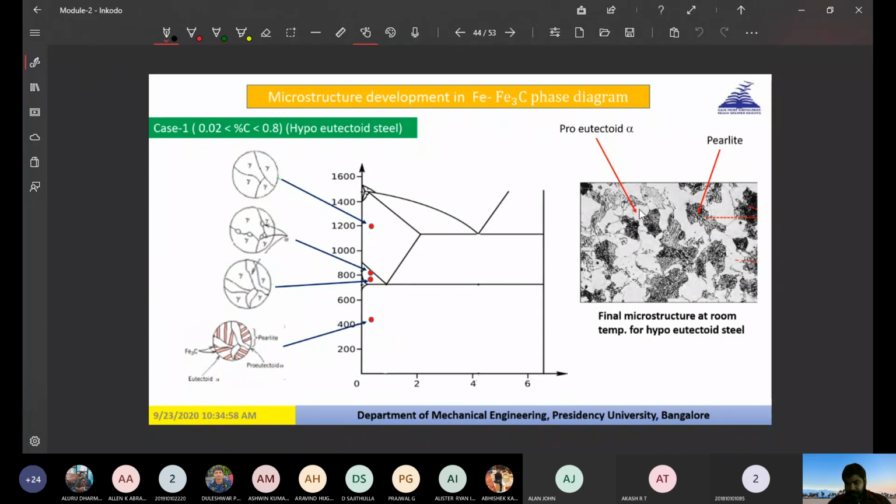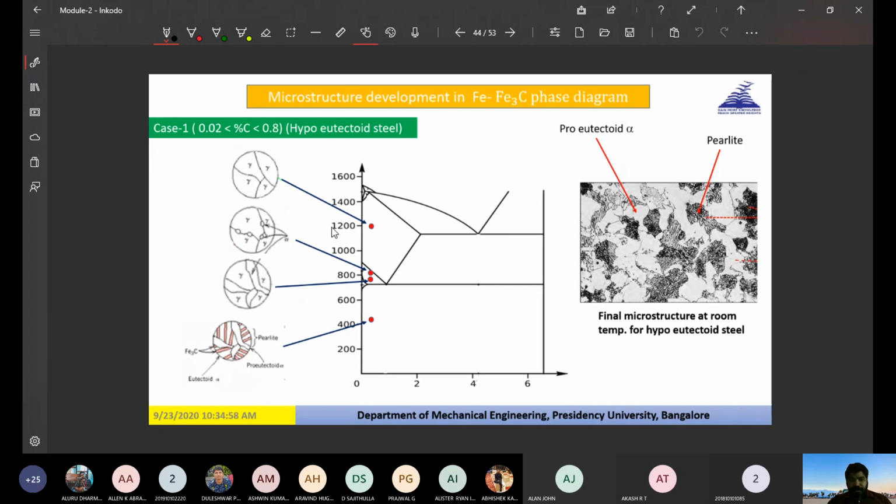Everything white is pro-eutectoid alpha that formed above this temperature. And this black region, if you zoom in, you can see a lining, meaning lamella of alpha and Fe3C. So all this black region is nothing but the lamella of alpha and Fe3C. All these things you can relate to the practical.